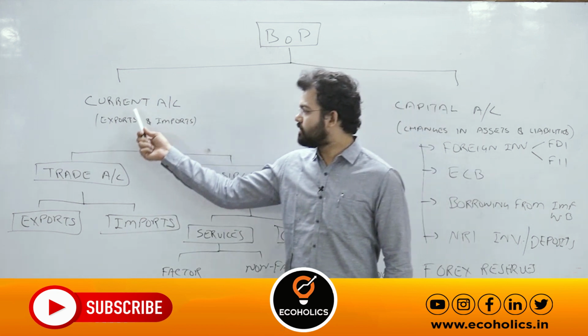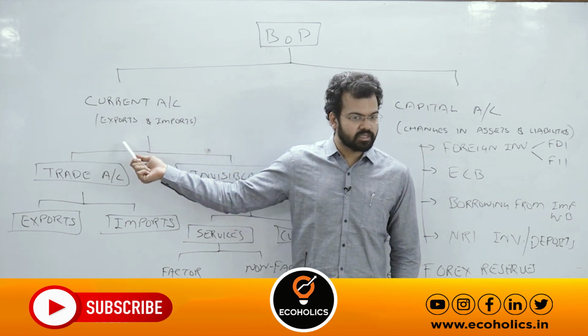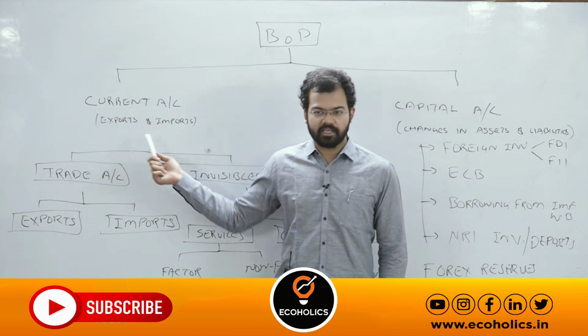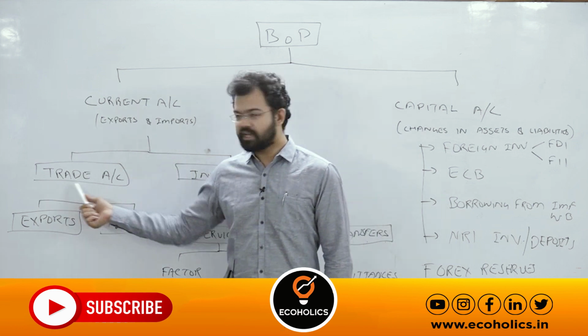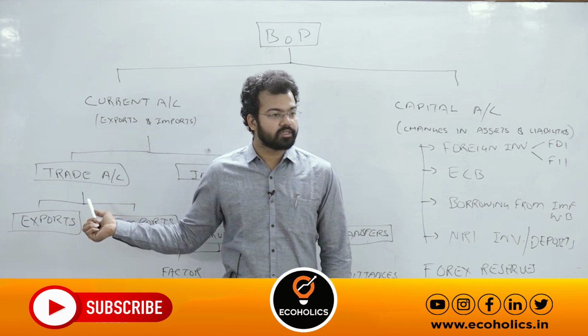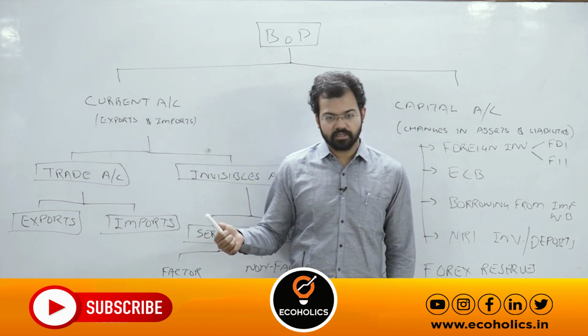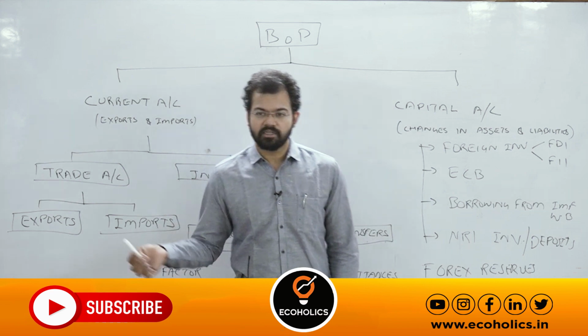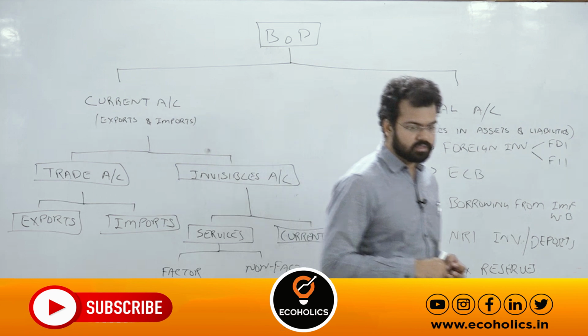So current account includes current transactions. Current transactions include all the transactions which will be helpful in settling exports and imports. Now coming on to trade account. Trade account is also known as merchandise account. In the newspaper you will find this.